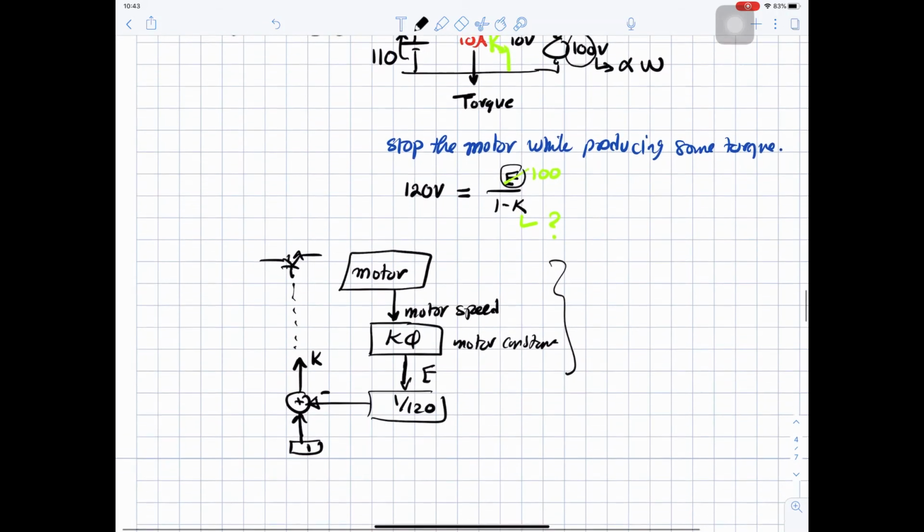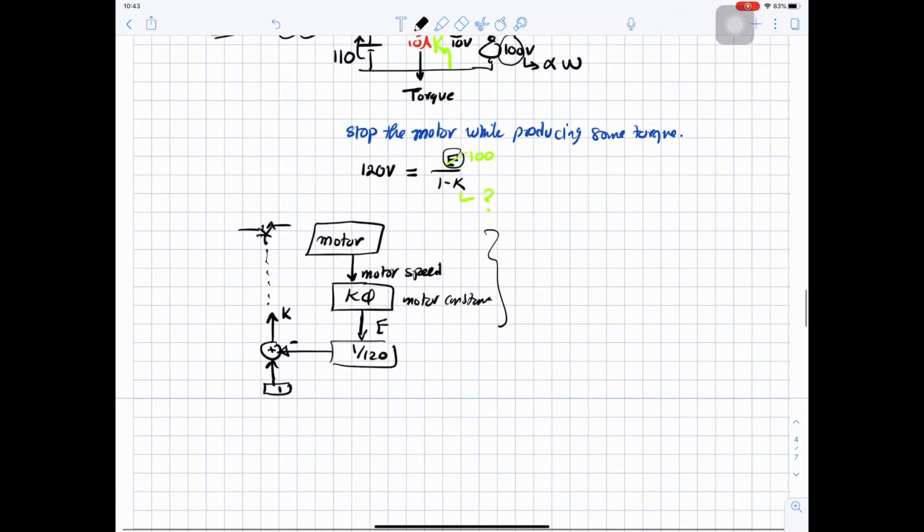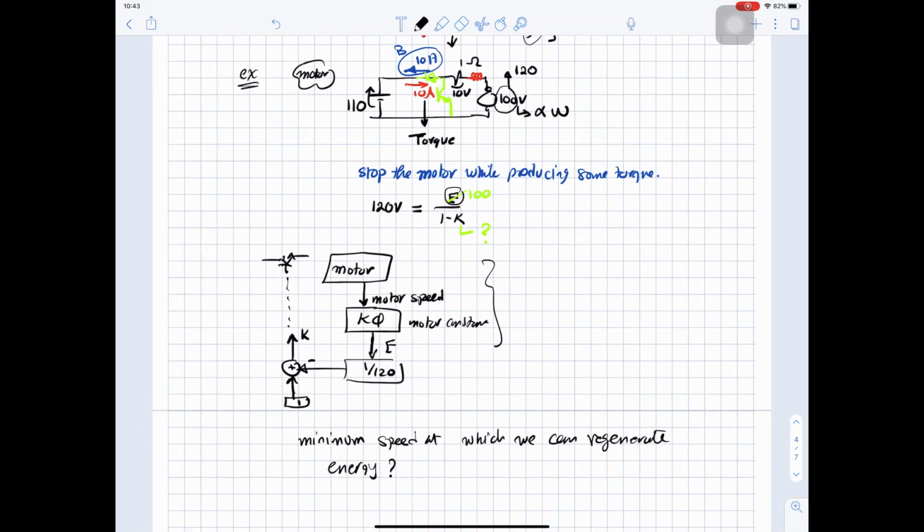But there is a minimum speed at which we can regenerate energy. You need to be able at least to overcome the 10 volt of the resistance.